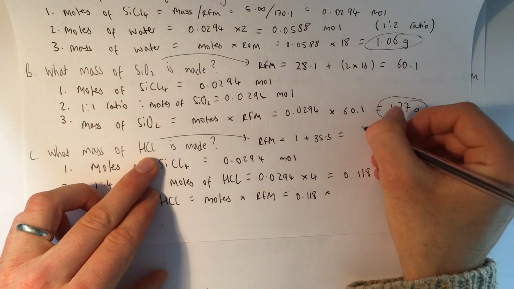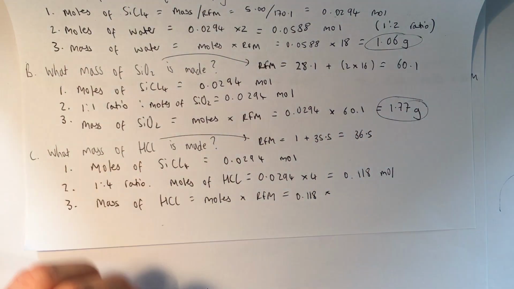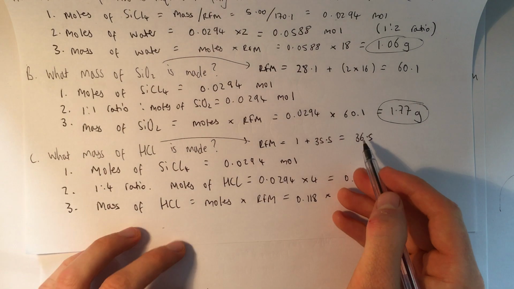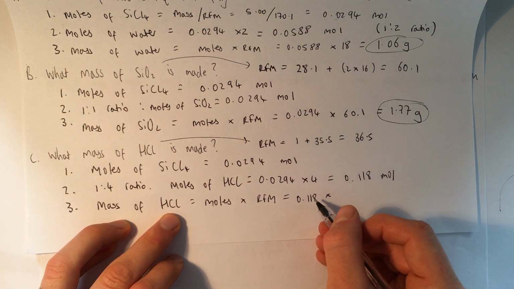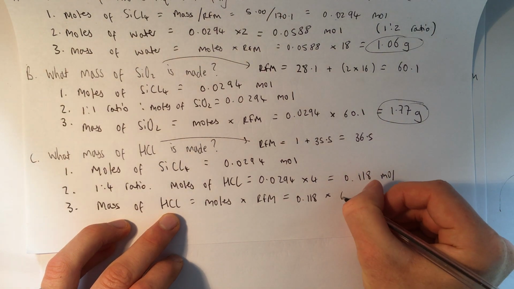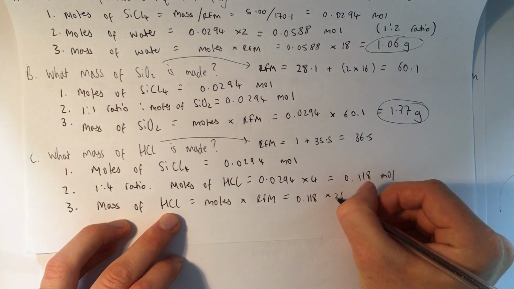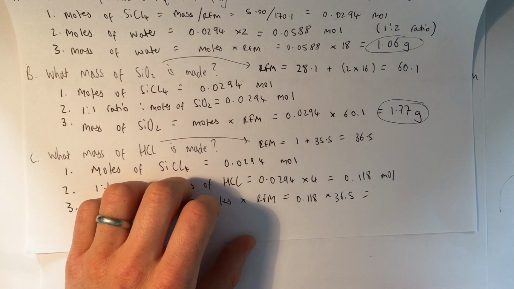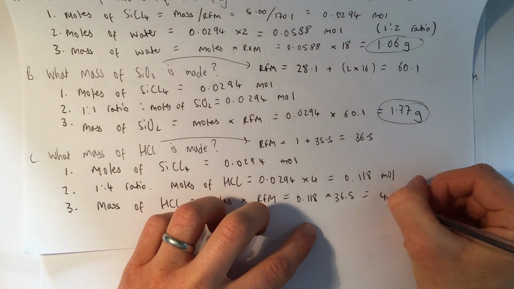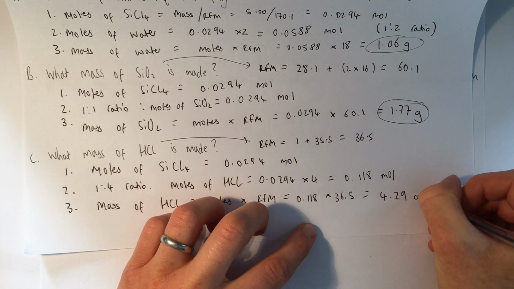If I add those together, 36.5. That's the relative formula mass of hydrogen chloride. So the mass of hydrogen chloride would be the number of moles times 36.5, and I believe that gives us 4.29 grams.